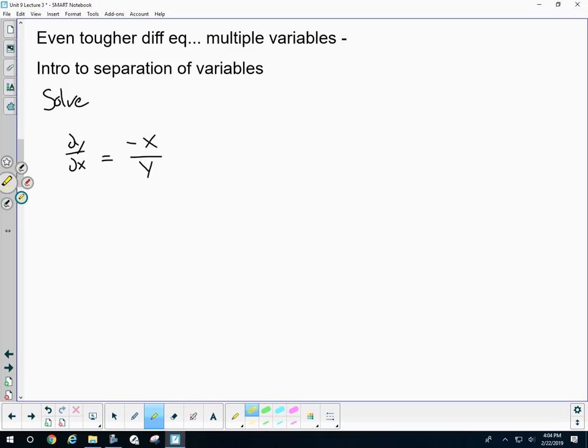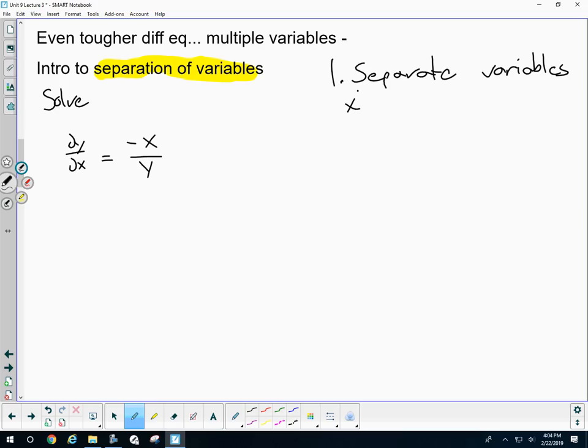Okay? You're not going to take the antiderivative right away. What you're going to do before you take the antiderivative is called separation of variables. You're going to separate your variables, which means, algebraically, you need to get your x's with dx, and you need to get your y's with dy.